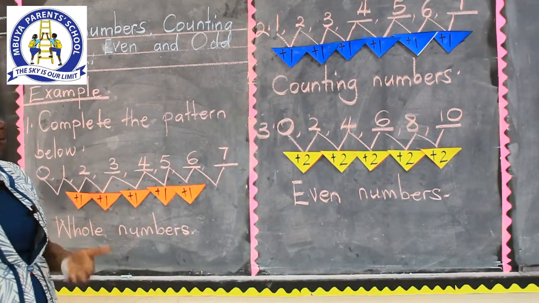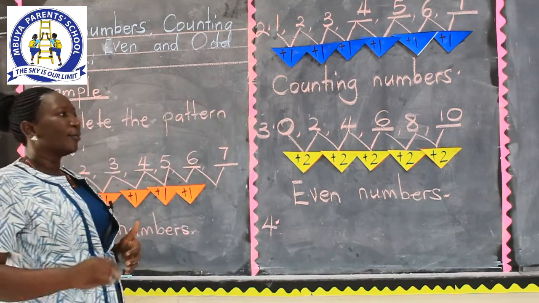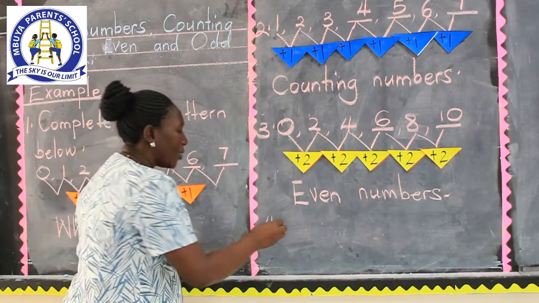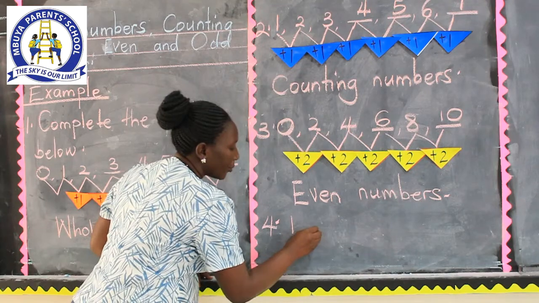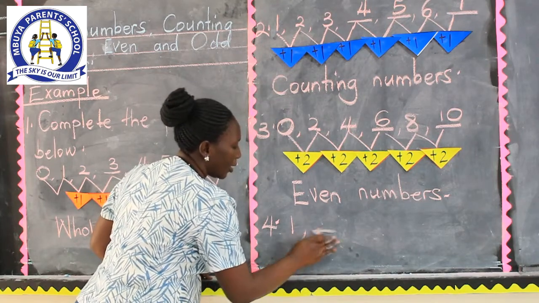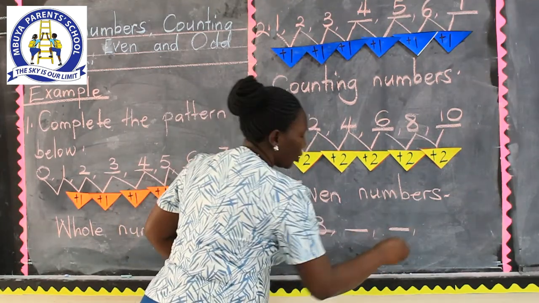And let's come to our last example. I have 1, dash, actually this is 1, 3, dash, dash.